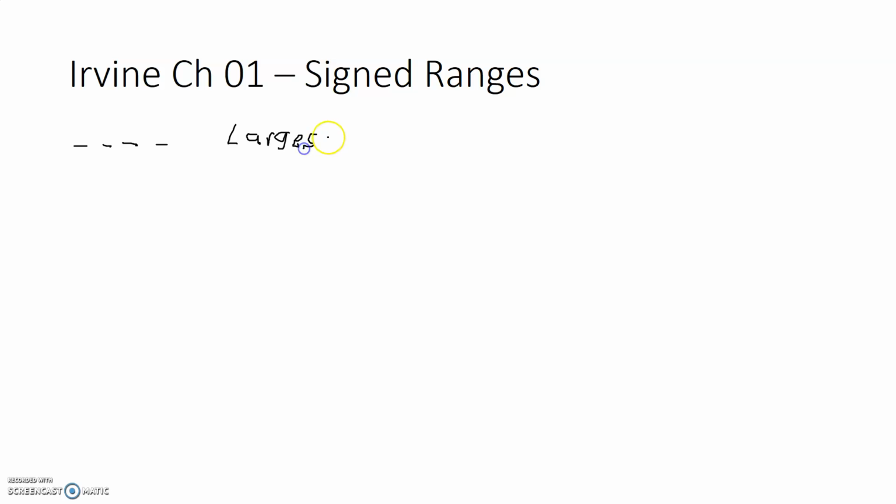What's the largest positive number that we can represent? Well, we have to have a 0 in the leftmost position, because if we have a 1 there, it's then considered negative. So the largest positive number, we'd have a 0 here, and then 1 in each of these positions.